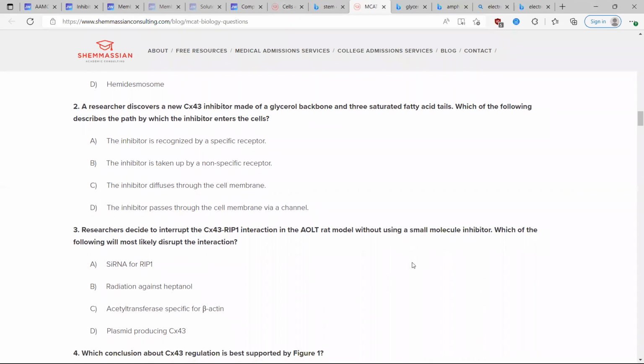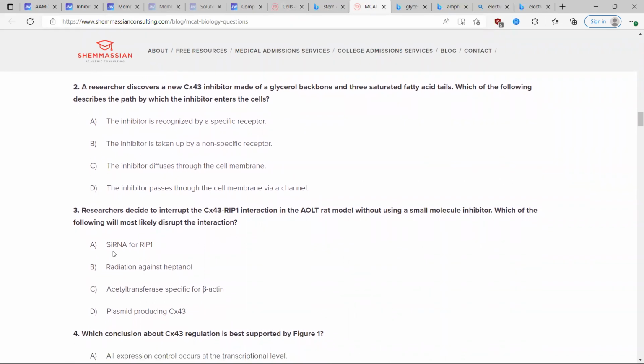So the four options that we have are siRNA for RIP1, radiation against heptanol, acetyltransferase specific for beta-actin, and a plasmid producing CX43. Now, a plasmid producing CX43 doesn't make any sense because they want to interrupt this interaction.